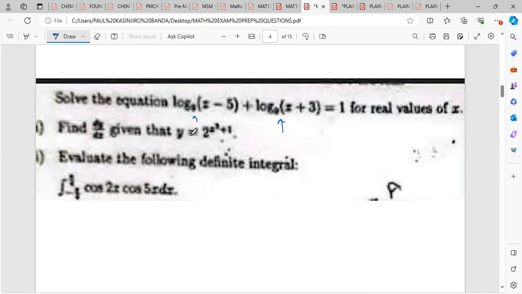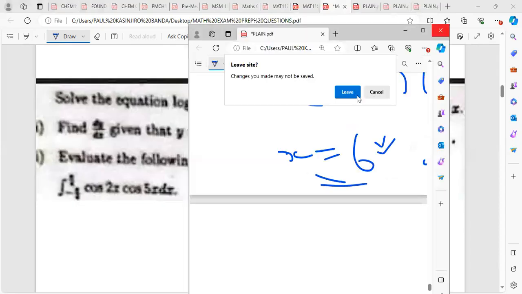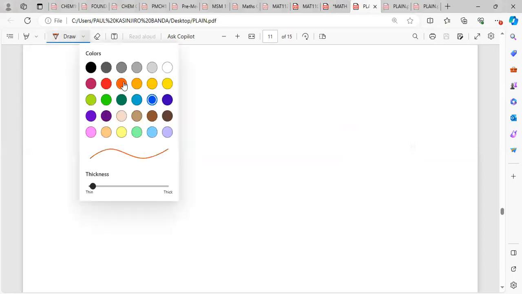We have y equals 2 raised to the power x squared plus 1. That's what we are differentiating.